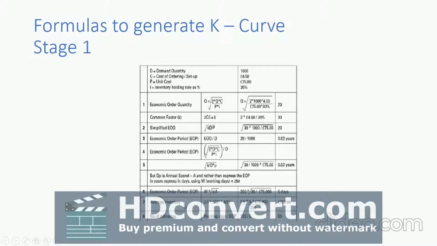Next we have to find the average inventory. This is the formula for finding average inventory: 0.5 multiplied by economic order period multiplied by A divided by W. The economic order period value is calculated over here and multiplied by A, which is nothing but the annual spend for the product, and all divided by W, the number of working days, which is 250 in this example.